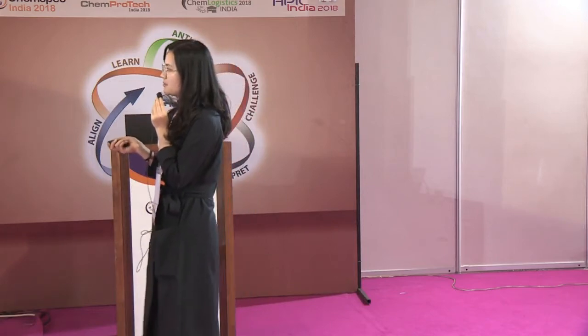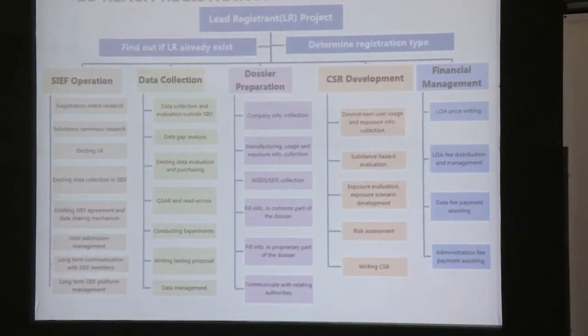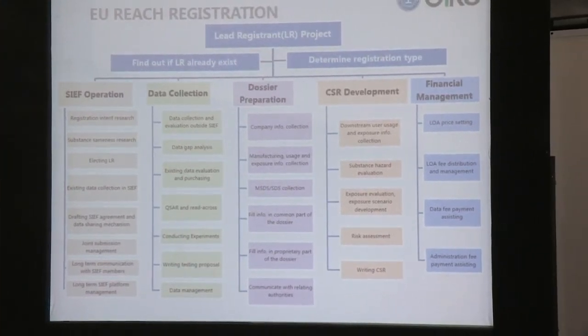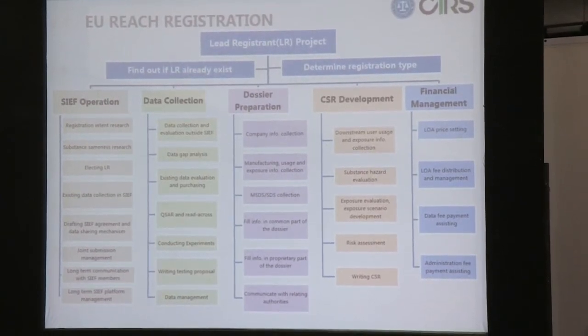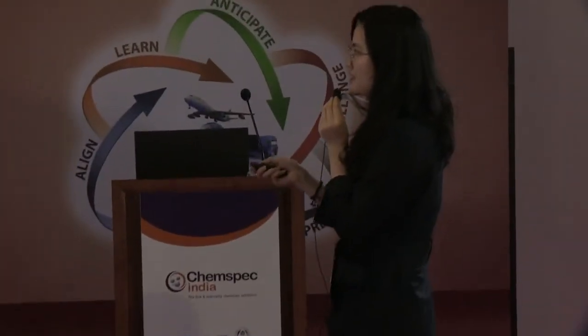We will also draft the SIF agreement and establish the data sharing mechanism, so we will set out what kind of rules we need to obey in the SIF. After we collect some of the existing data from the co-registrants, we will do a data gap analysis. We will evaluate what data we have already got and what other data we need to get. And we will contact the labs.